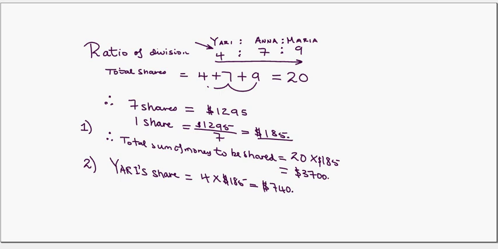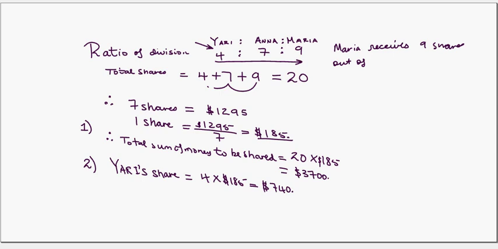So therefore, let us look at the fraction part of it first. And I could say that Maria receives, how many shares did Maria receive? 9. So Maria receives 9 shares out of how many total shares? 20.